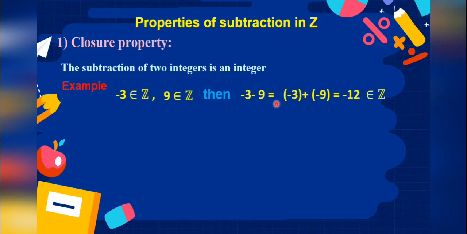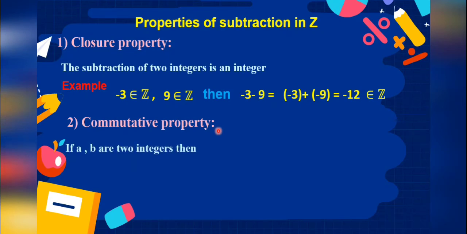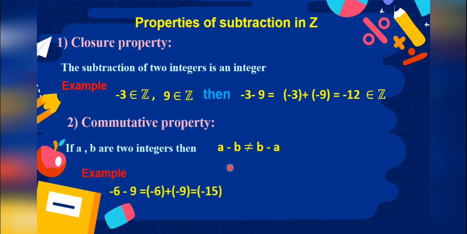Commutative property. Does subtraction have the commutative property? I know that if a, b are two integers, then a minus b doesn't equal b minus a. Let's prove this. If you know that negative 6 minus 9 equals negative 15, can you find 9 minus negative 6?